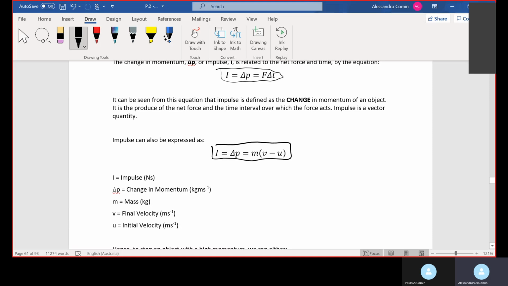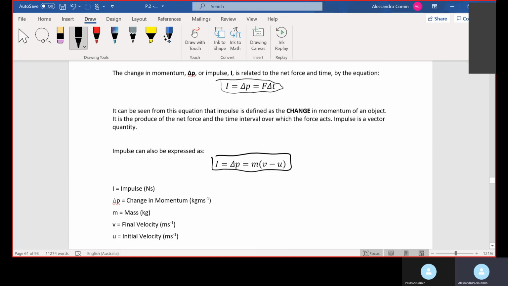So that means that we can have a further equation that is going to be m(v minus u) equals F delta t. And essentially we're just going to pick from equation 1, 2, or combine them in equation 3 to solve our questions.